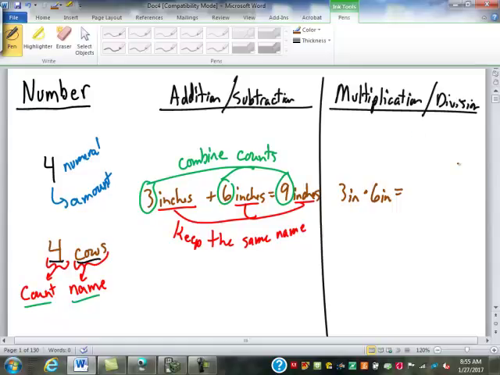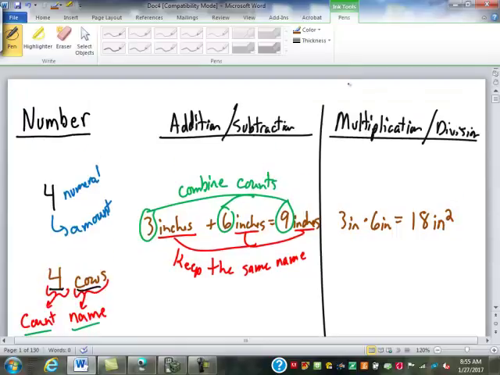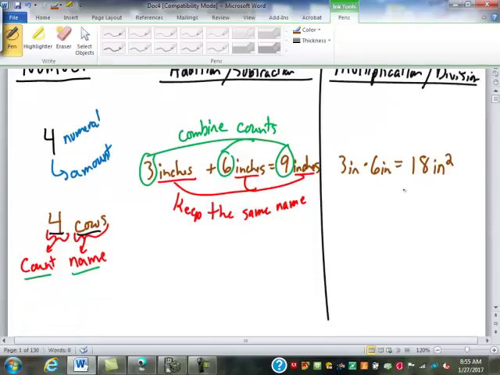What do we get? 18. 18 what? Inches. Not inches, but inches squared. If you think about it, if we're multiplying 3 inches by 6 inches, chances are we're looking at an area of some sort, where we're going to get inches squared or square inches.